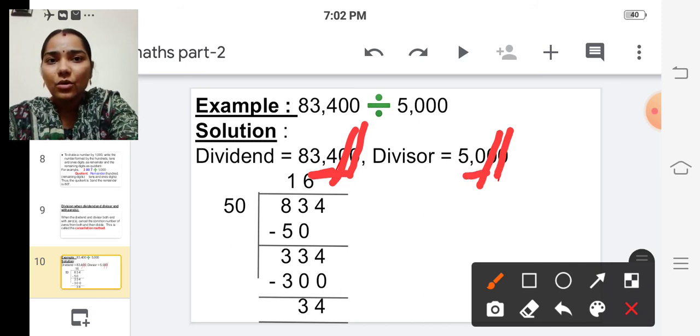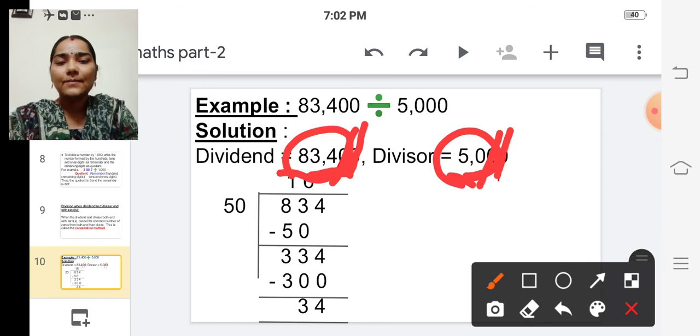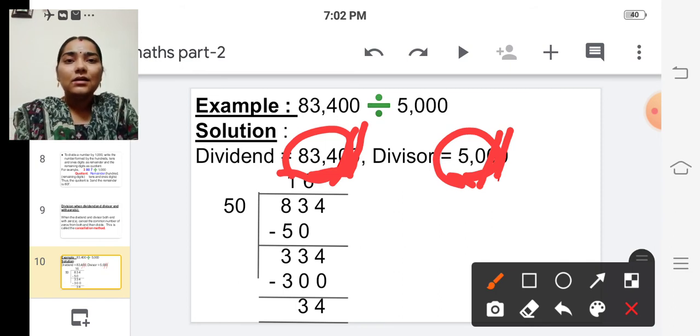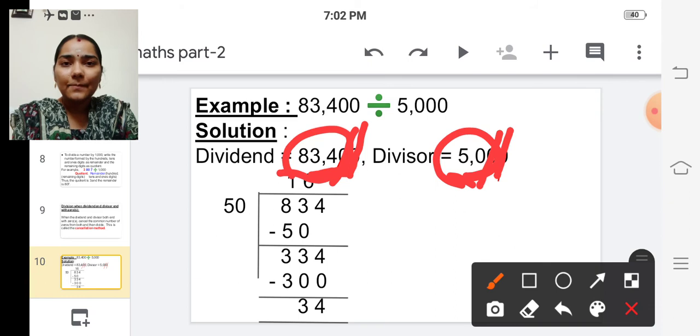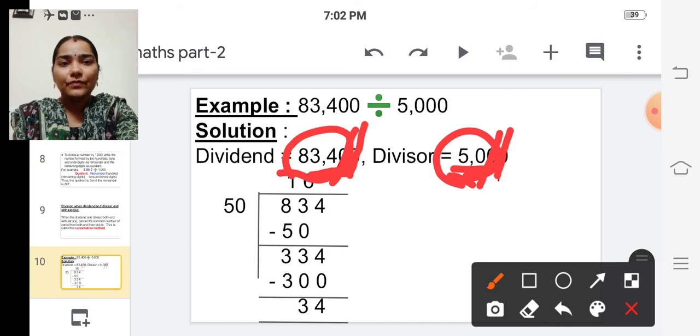Here we have 0, but here we don't have any more zeros. So we cannot cancel further. So we have to divide 834 by 50. Okay, children? Is it clear? Please remember we have to cancel the common number of zeros only. We cannot cancel all the zeros. So we are getting 834 divided by 50.